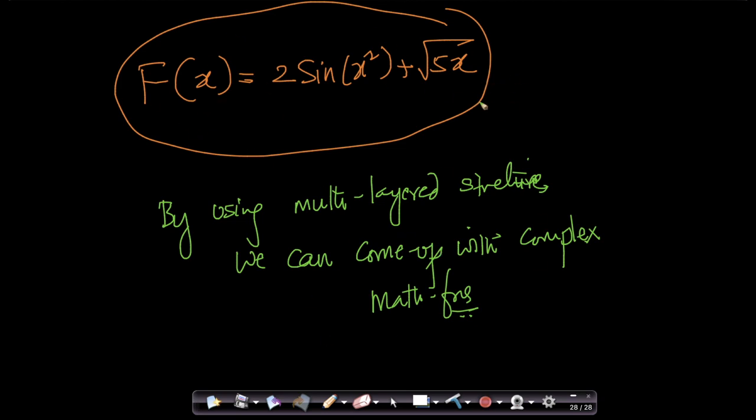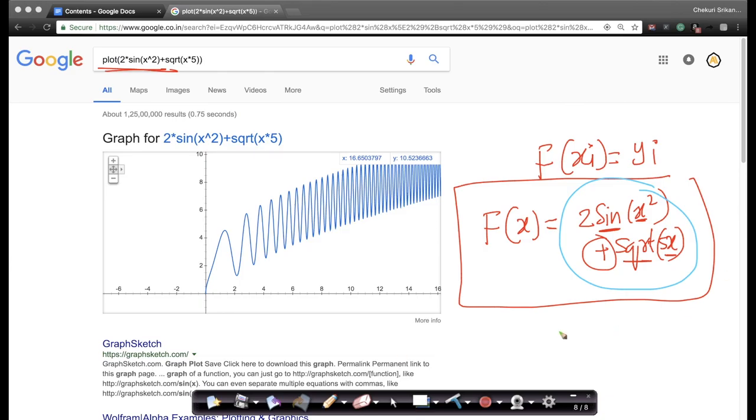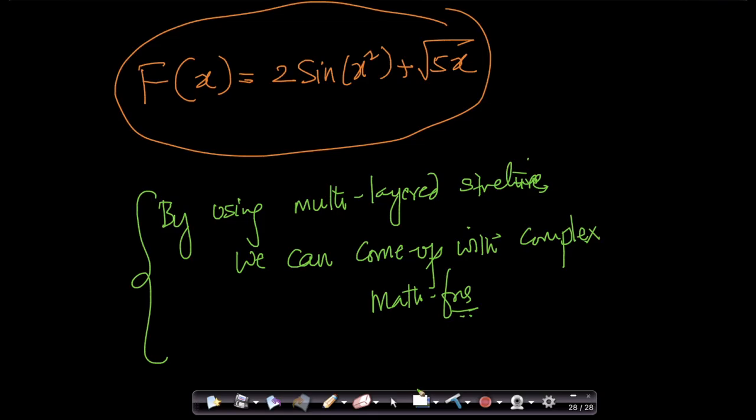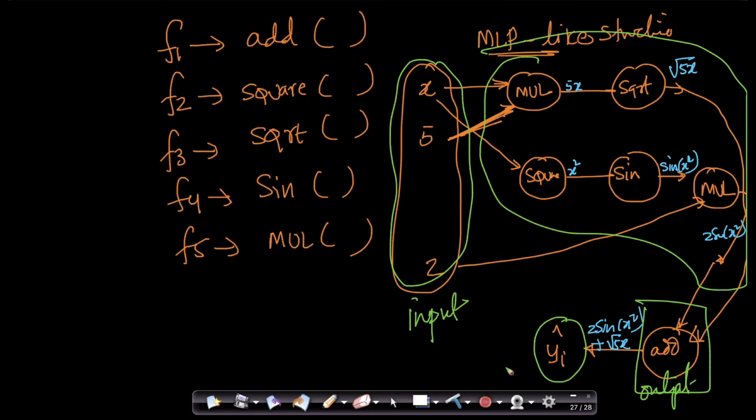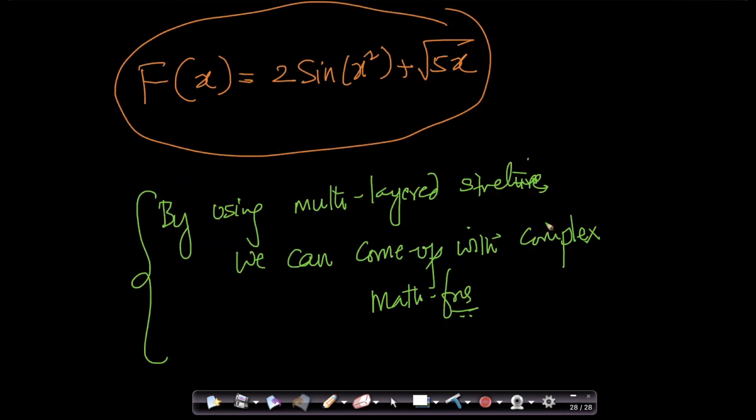Here it's a simple regression problem. For a regression problem, instead of just having a simple function, if your data set was generated from this function, what would you do? Having this multi-layered structure gives you enormous power, because you can come up with complex mathematical functions to solve your regression problem in this case.